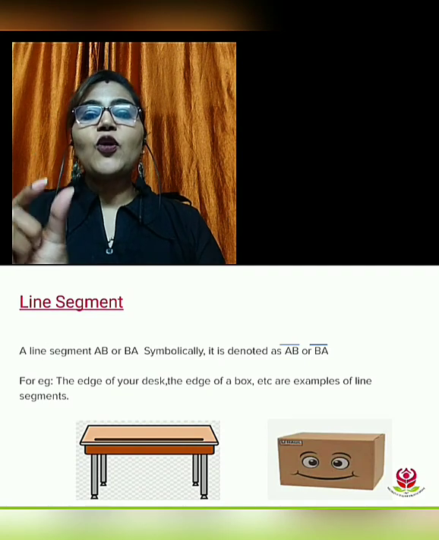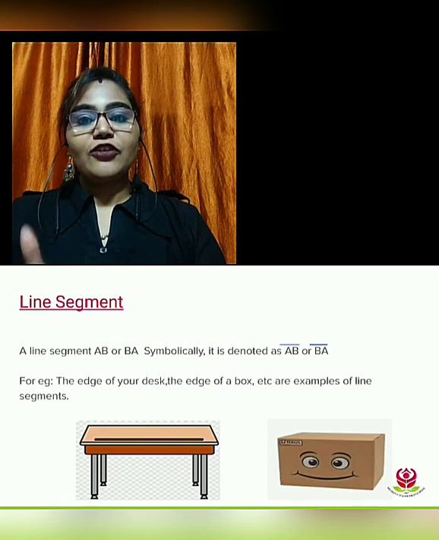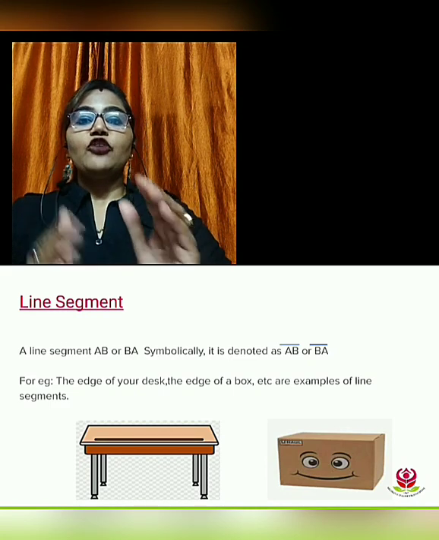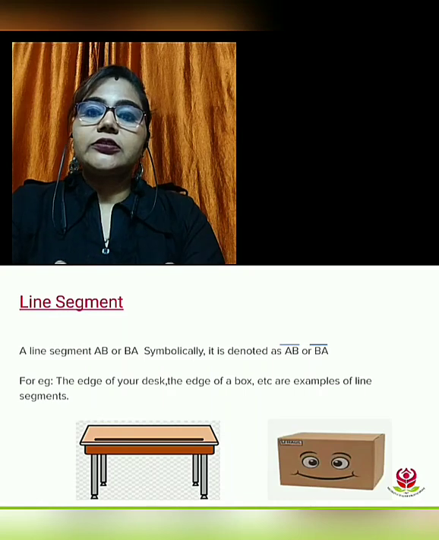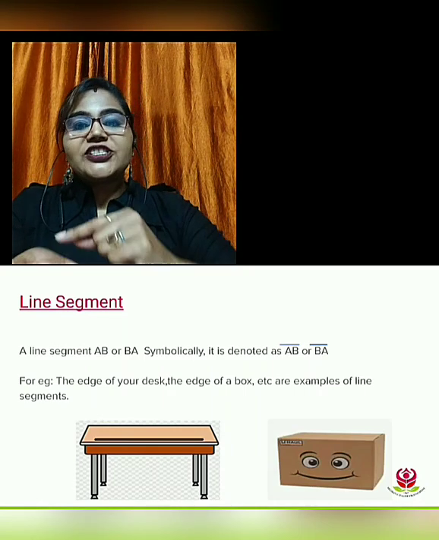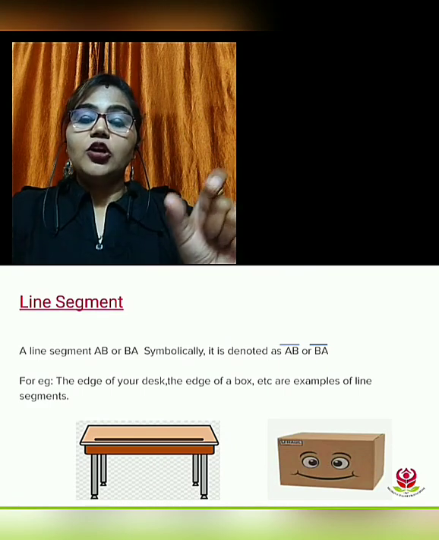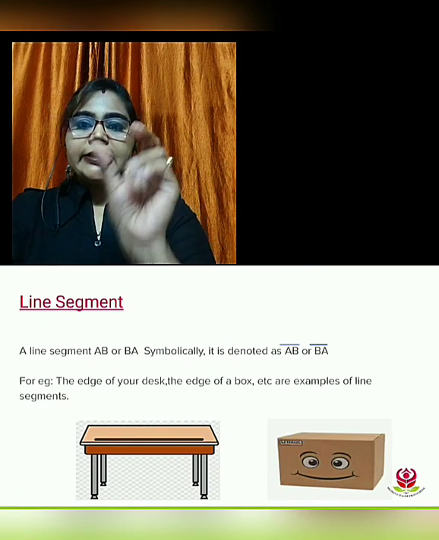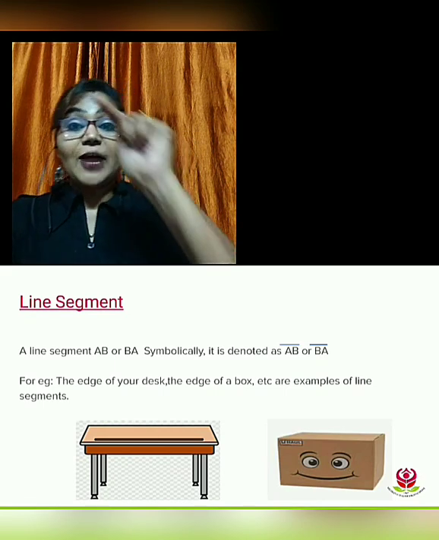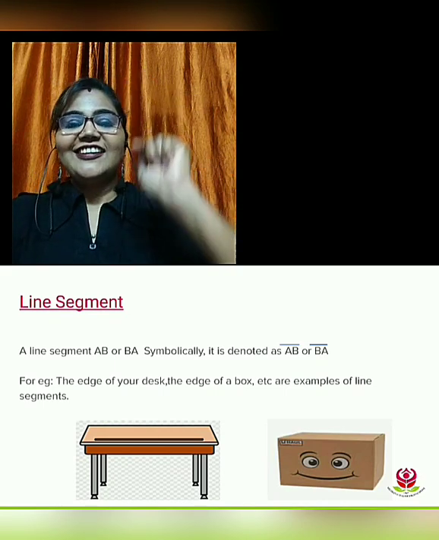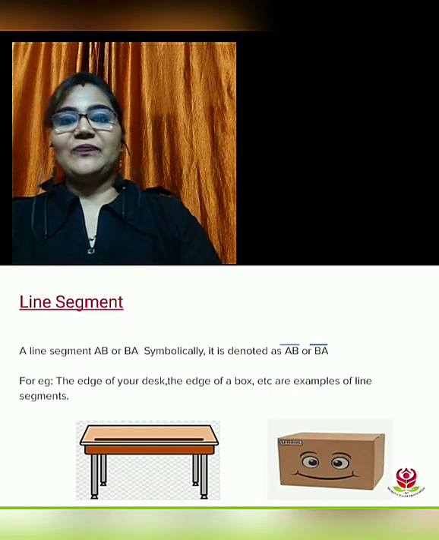That is the symbol which you use for line segment. For example, when you are going to write about a particular line segment, no need to mention the words line segment. You're just going to write the letters AB or BA, and above that you just draw a stroke. That is the line segment symbol.